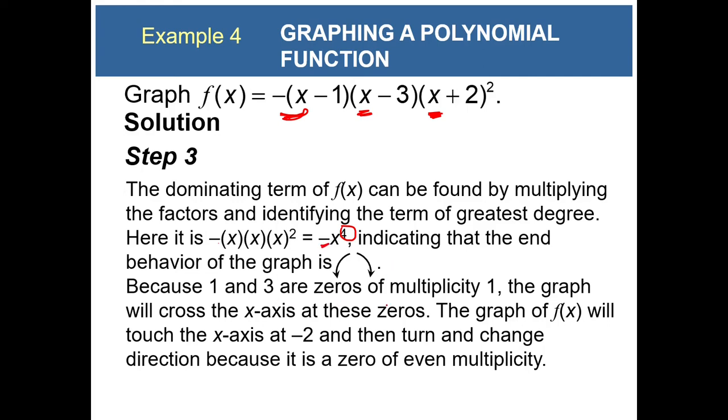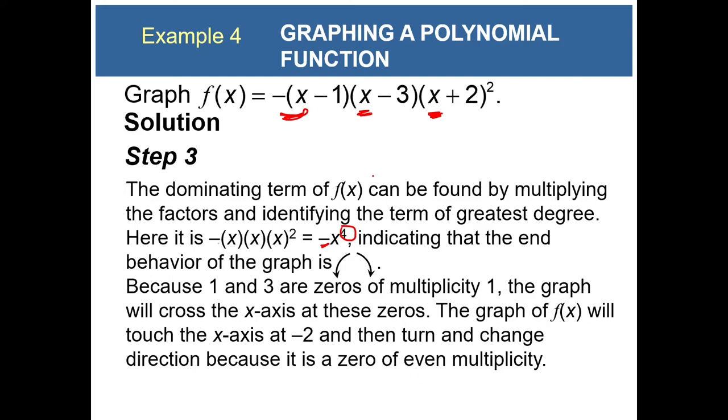Because 1 and 3 are zeros with a multiplicity of 1, the graph will cross at these zeros, and the graph of f of x will touch the x-axis at -2 and then turn and change direction because it's a zero of even multiplicity.